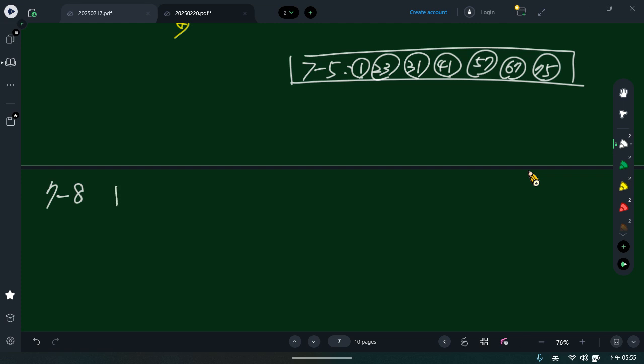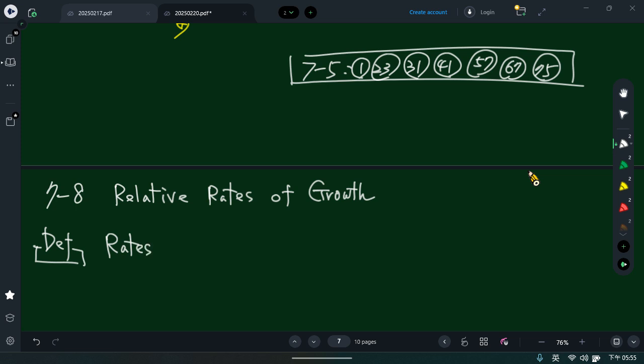Session 8 talks about the relative rates of growth. We just define what rates of growth are as x is approaching positive infinity.